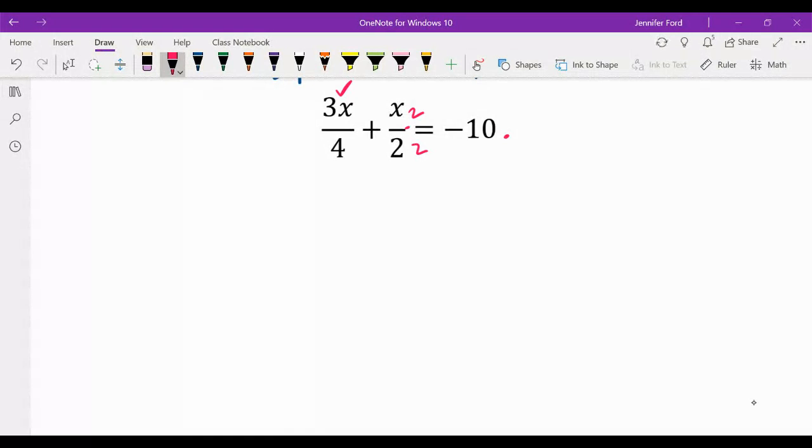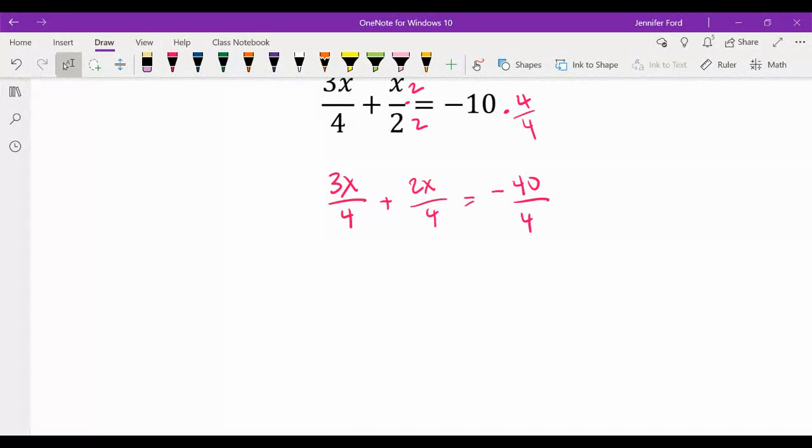And this last I'm going to multiply by 4 over 4. Because that will give me 4 in all of my denominators. So then 3x over 4 plus x times 2 is 2x over 4 equals negative 10 times 4 is negative 40 over 4.